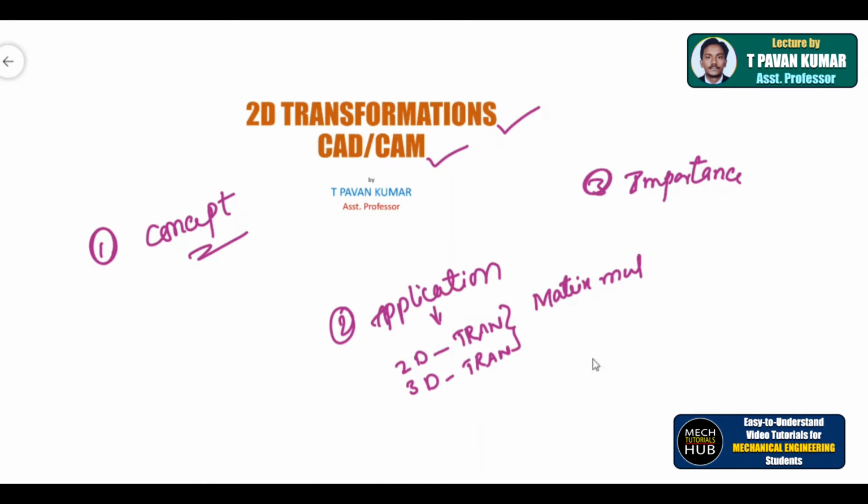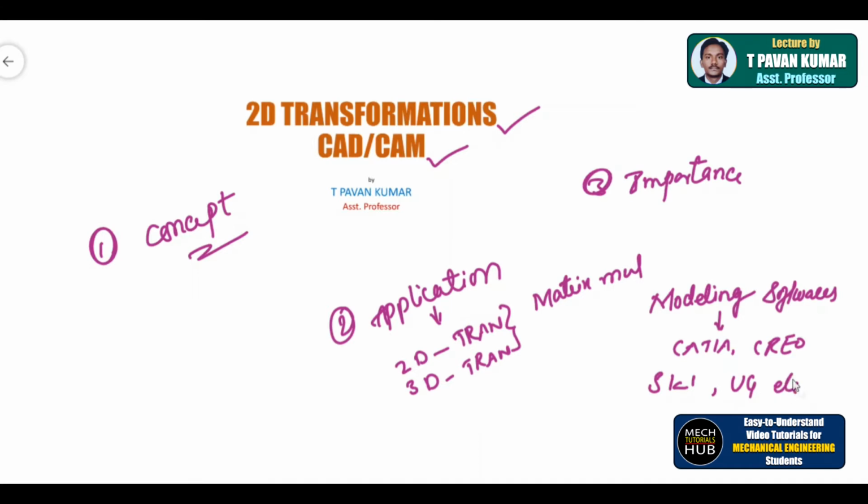So coming to the application point of these transformations, you come across all of them in modeling softwares, maybe by the name CATIA, Creo, SolidWorks, Unigraphics, etc. There are many modeling softwares available.